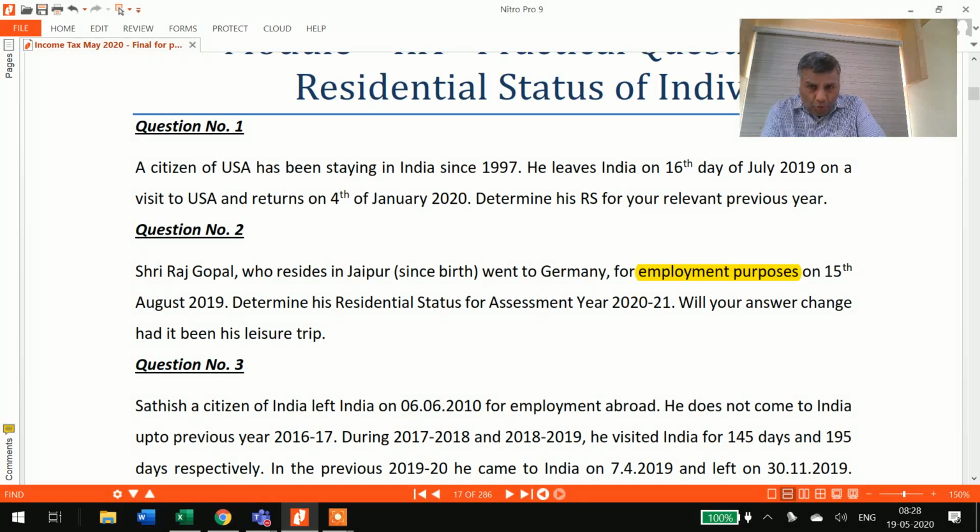A. What will be the RS if it is employment purpose? B. What will be the RS if it is a leisure trip?